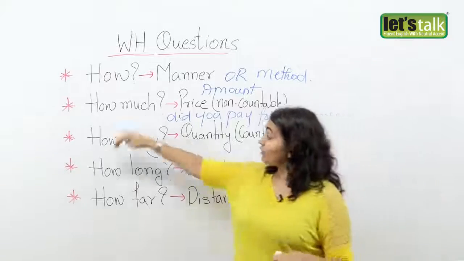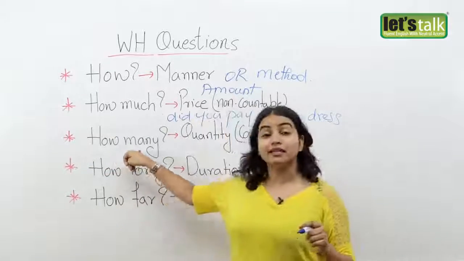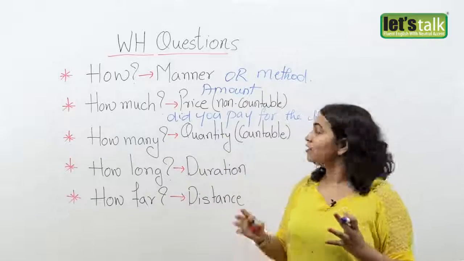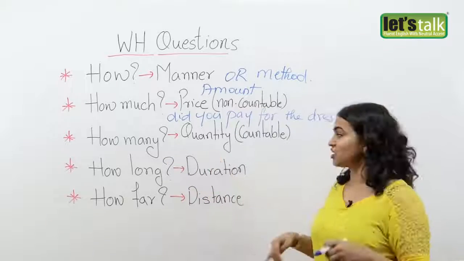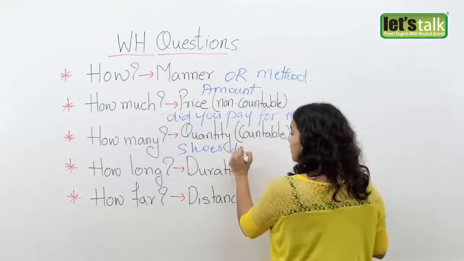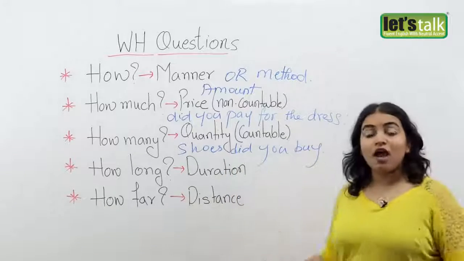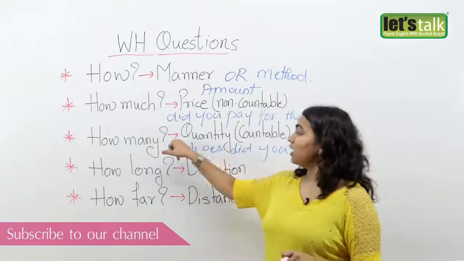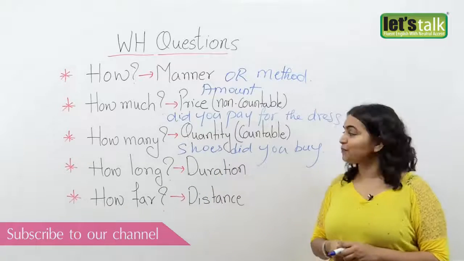On the other hand, I will use how followed by the word many when I'm talking about a specific quantity. So here I don't talk about the price, I talk about the quantity. So I could say, how many shoes did you buy? Or I could say, how many books did you read? So I'm talking about a quantity which is very specific and therefore it is countable.